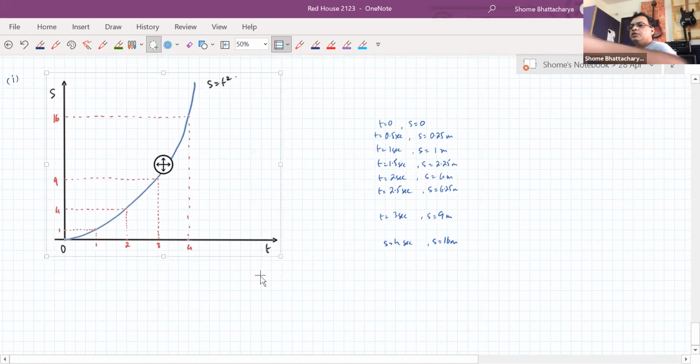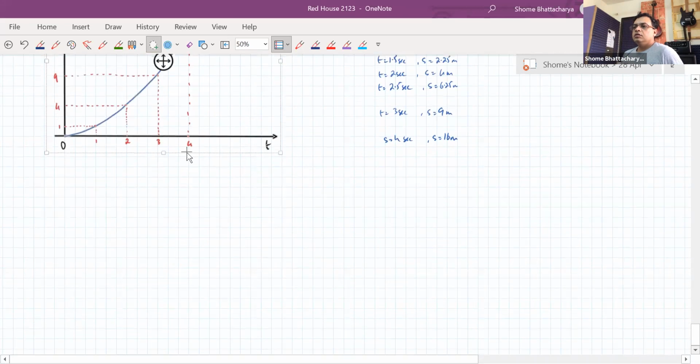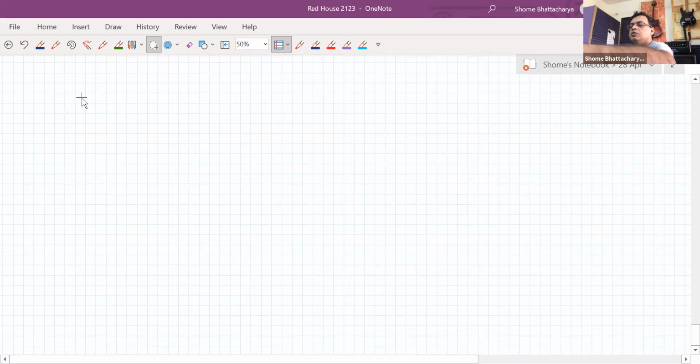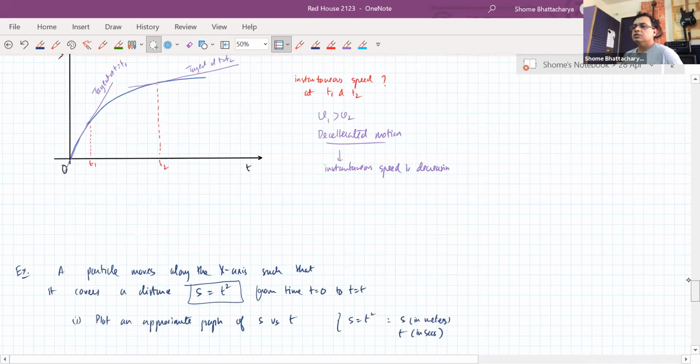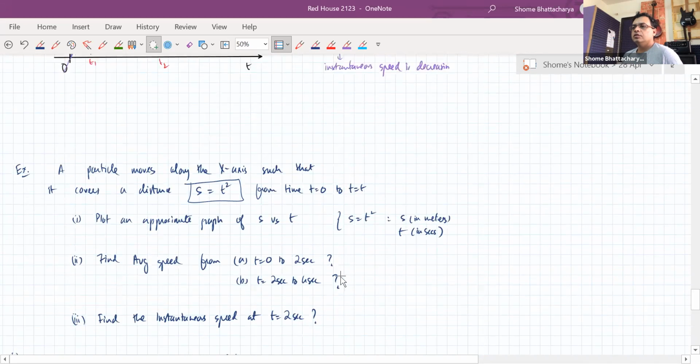So now let's come to the first part. I want to calculate the average speed from 0 to 2 seconds, and then 2 to 4 seconds.